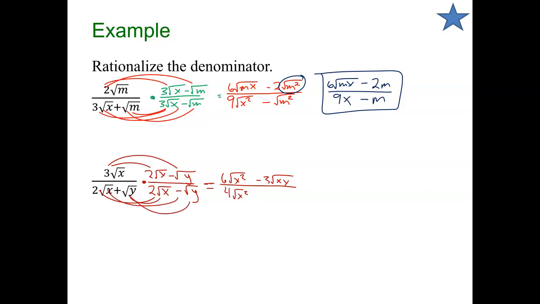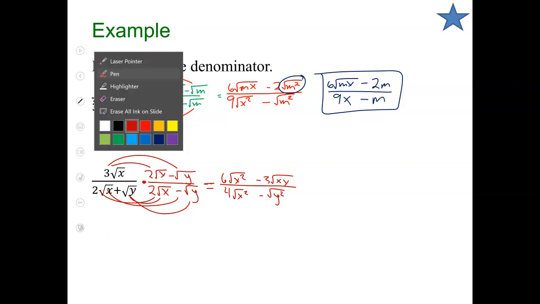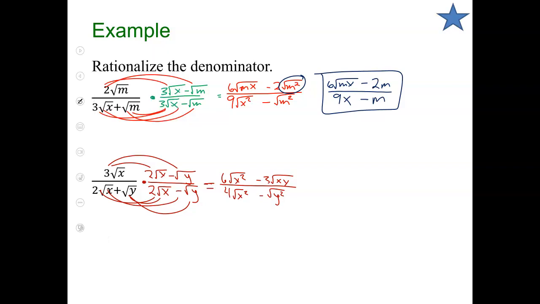Skip, skip. Last one. Okay. Can I simplify anything in the numerator? Anything in the denominator? 6x minus 3 root xy over 4x minus y.